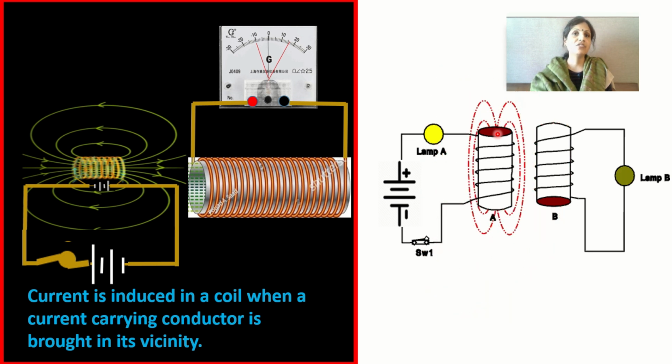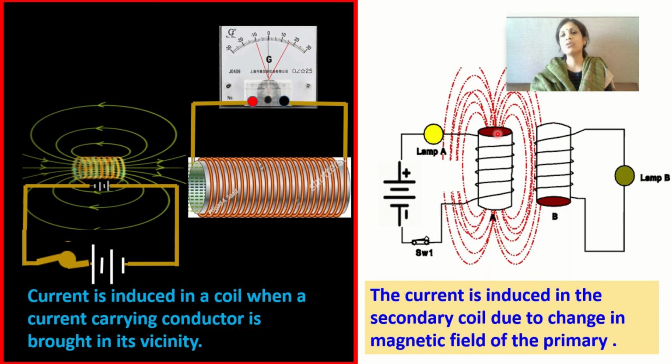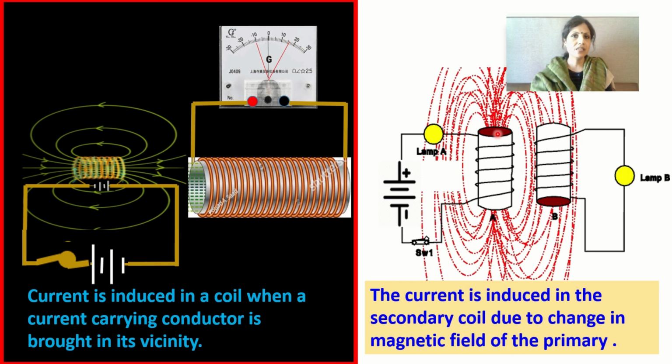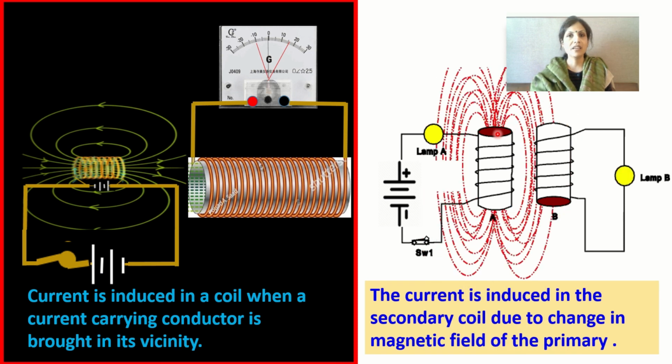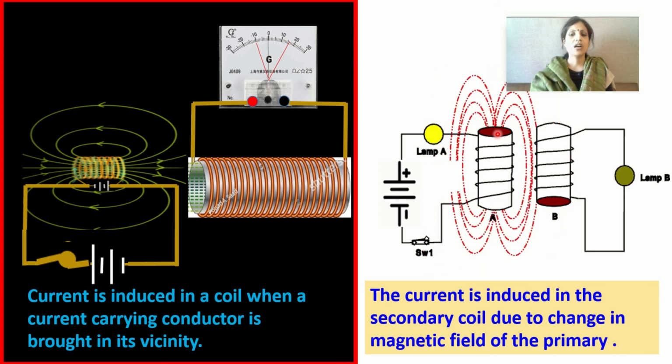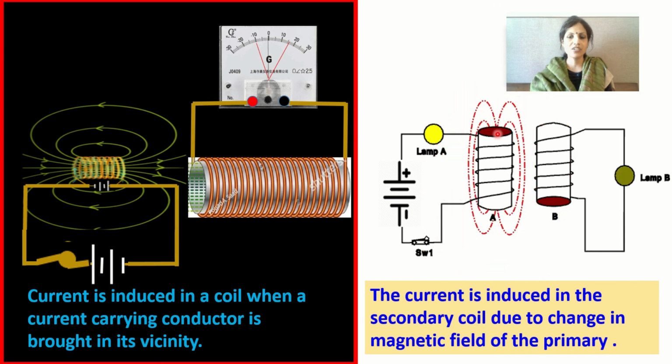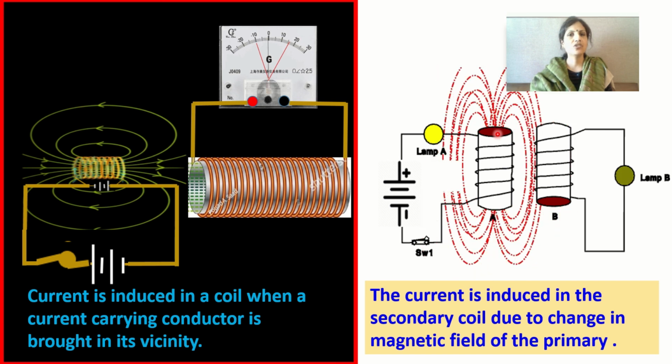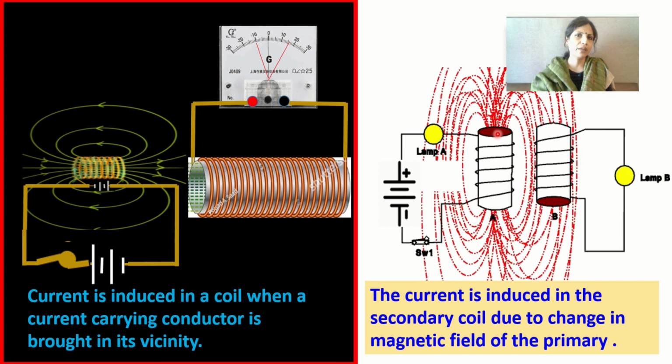That means electric current is induced into the coil which is placed adjacent to the current carrying conductor. So the current is induced in the secondary coil due to change in the magnetic field of the primary.